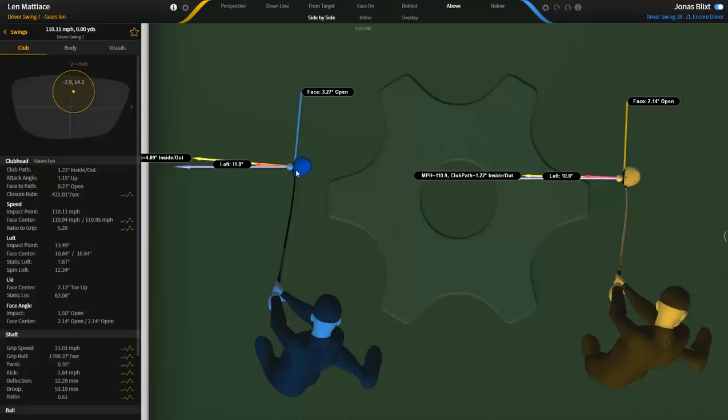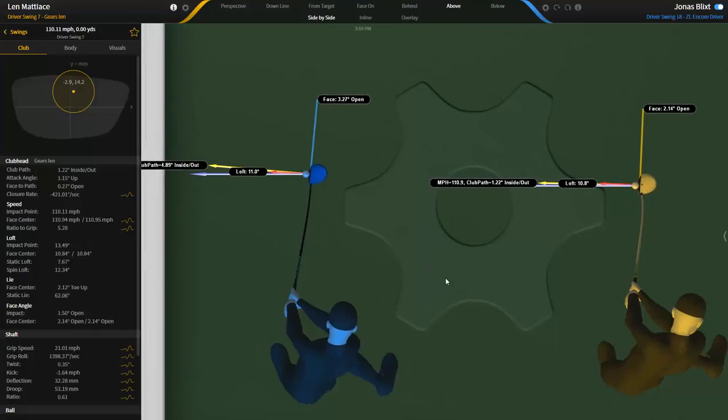If the face had no loft on it, it would not matter what I did to the lie angle, the face angle would be the same. But as soon as I start to add loft, then the face angle is altered by what you're going to do with the lie angle. The face and the loft are inseparable. So when you move one, the other moves.